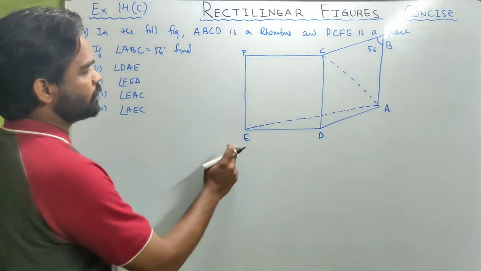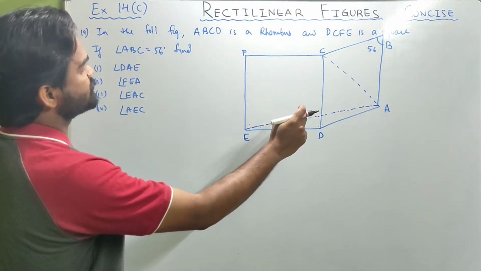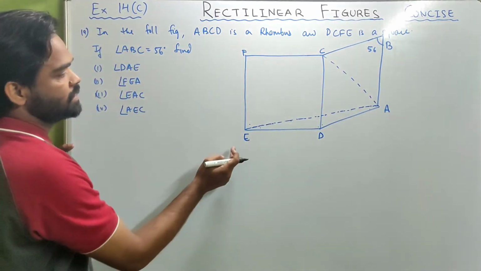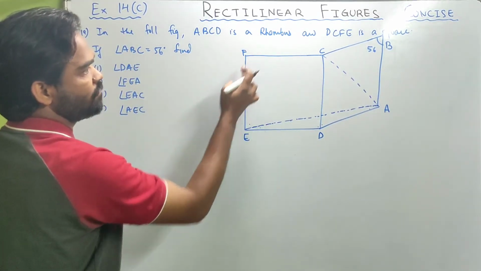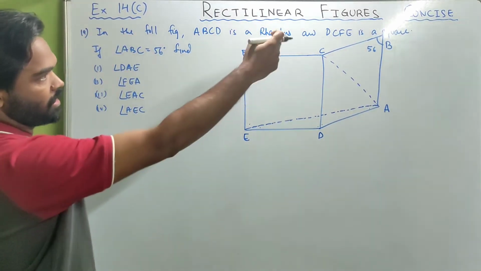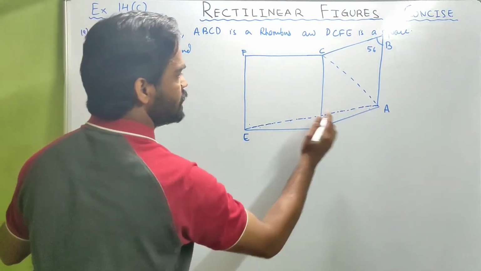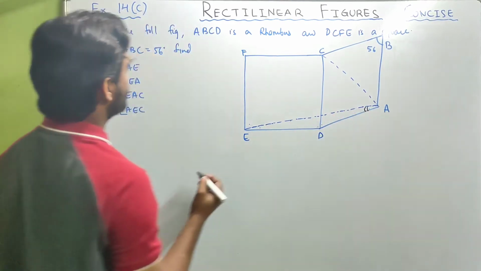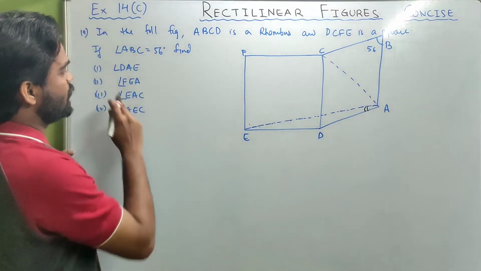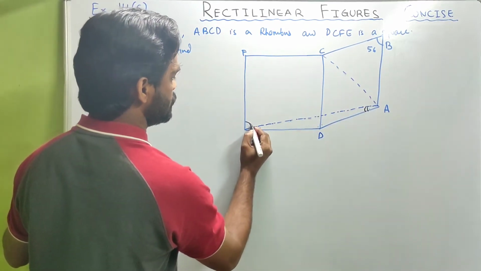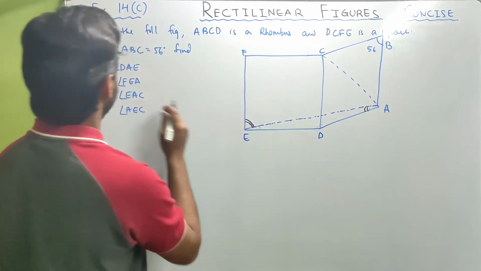In the following figure, ABCD is a rhombus. DCFE is a square. Angle ABC they have marked 56 degrees. Find DAE, which means this angle. Find FEA, this angle.